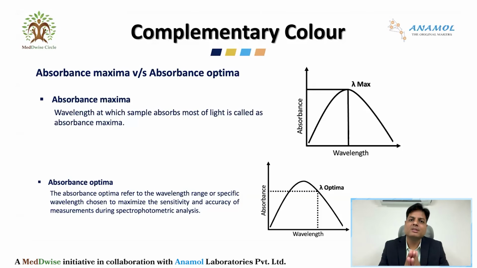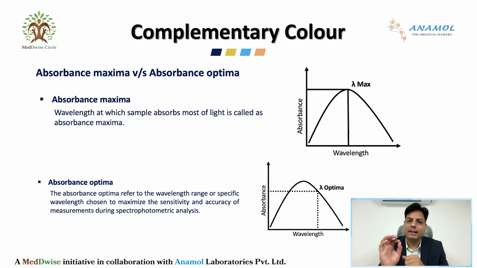Therefore, we will not take the absorbance at 625 nanometer. We will take the absorbance slightly away from lambda max. Let's say hypothetically, this wavelength is 630 nanometers. So here we will take the absorbance at 630 nanometers. What exactly happens at 630 nanometers?